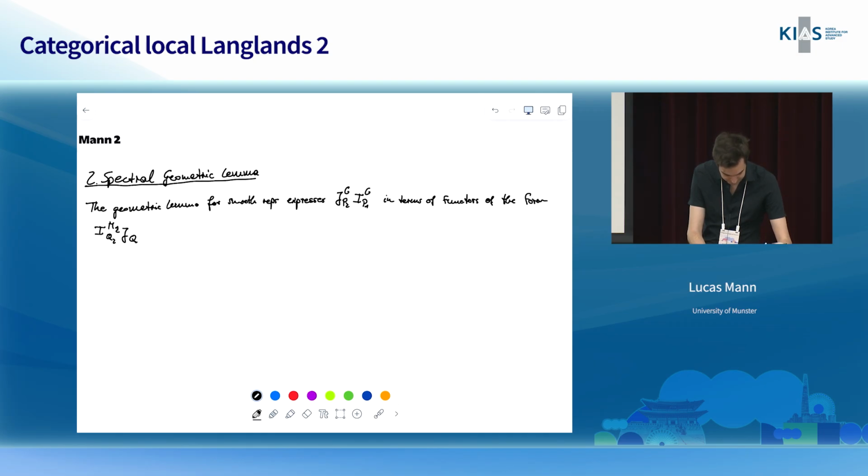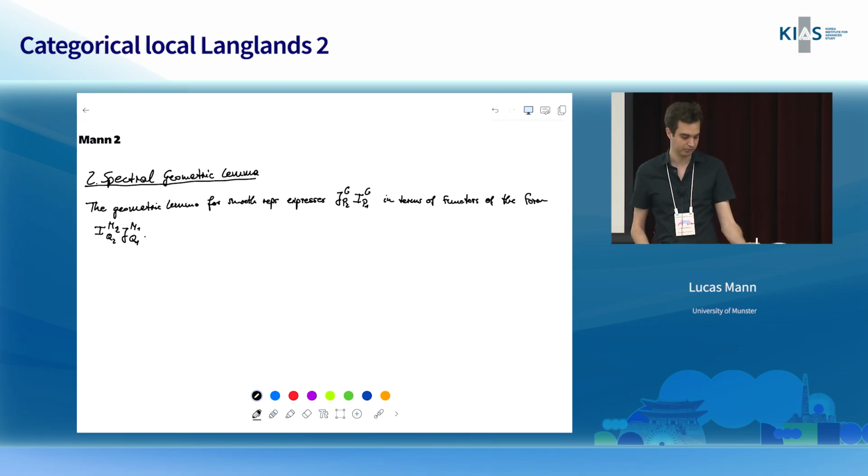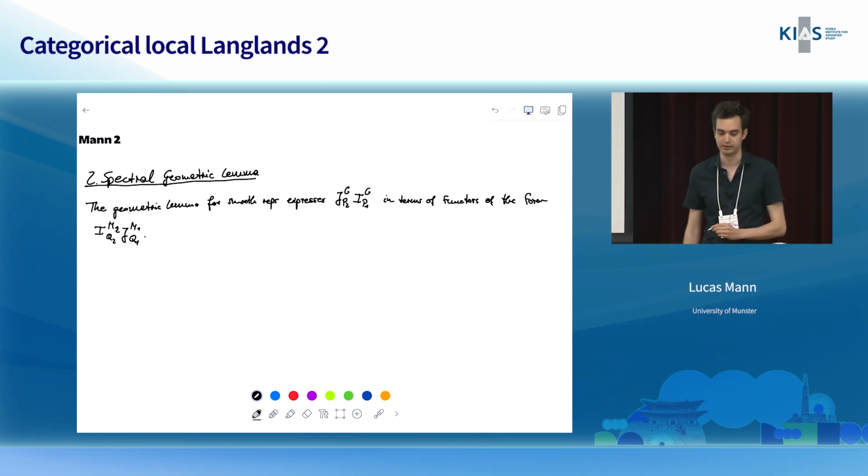Okay. So the precise statement is that the first functor that I wrote, this Jacquet and induction, has some filtration in terms of the functors that I wrote there.